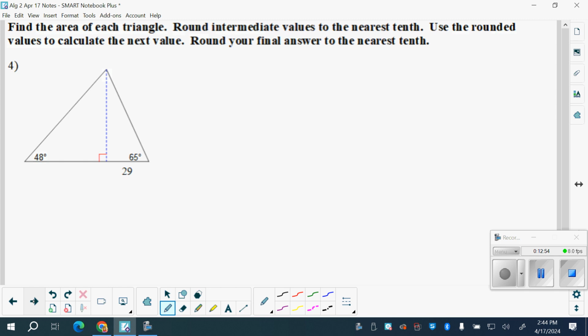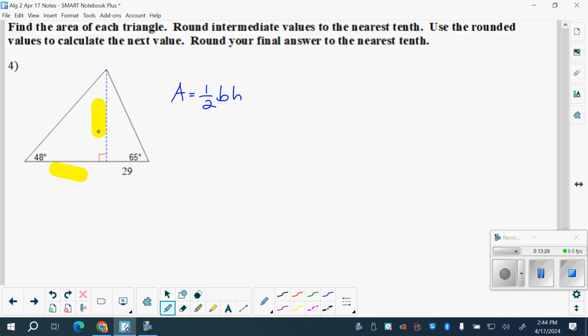So again, we need to find the area. One half times base times height. Do we have the base and the height on this one? No, we have part of the base, and we need this, and we need this to get the area of the triangle.